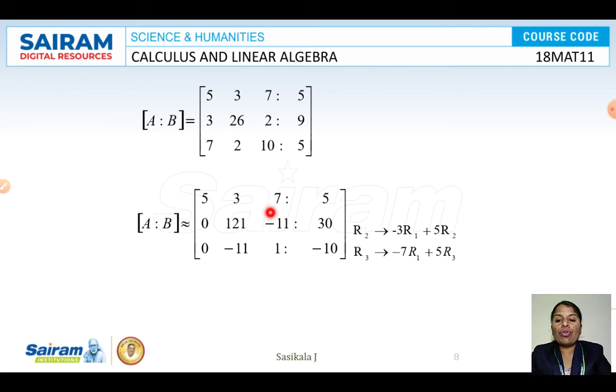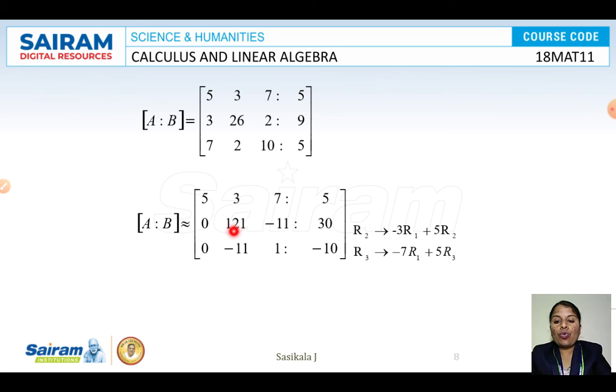For the second and third rows, you have 3 and 7. To convert 3, you need minus 3, but here you have a 5. So I multiply 3 with the first row and 5 with the second row and subtract. That's what I've done: R2 implies minus 3 R1 plus 5 R2.